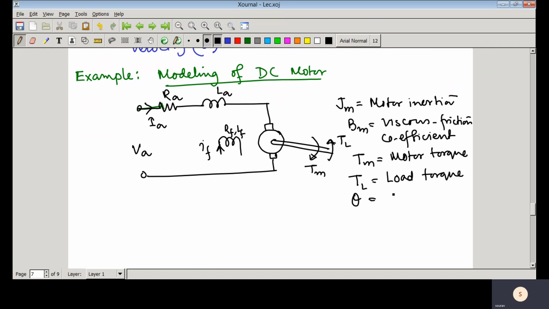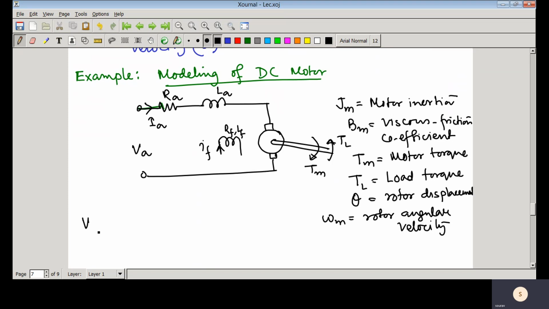Theta is the rotor displacement, and omega m is the rotor angular velocity. These are all the nomenclature, and we are trying to find out what the state space model would be, as well as the representation in block diagram.